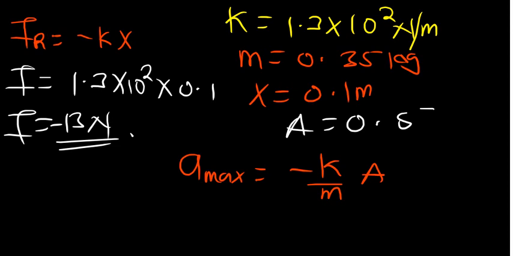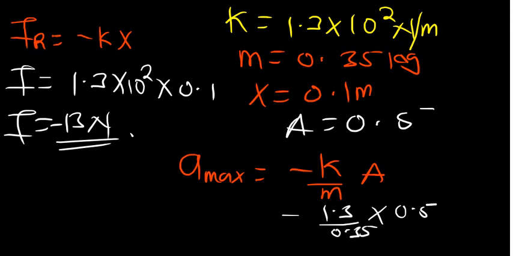Now we have everything, so I'll have negative 1.3 over the mass, which is 0.35, times the amplitude, which is 0.5, meaning I'll have 1.3 divided by 0.35 times 0.5.